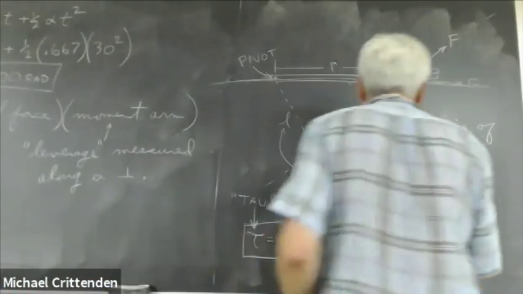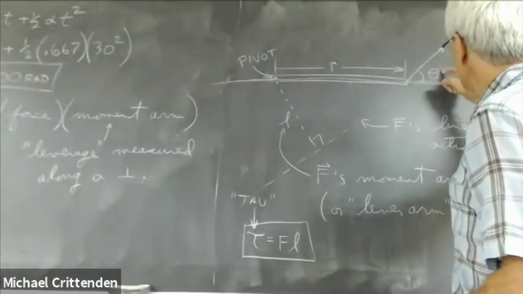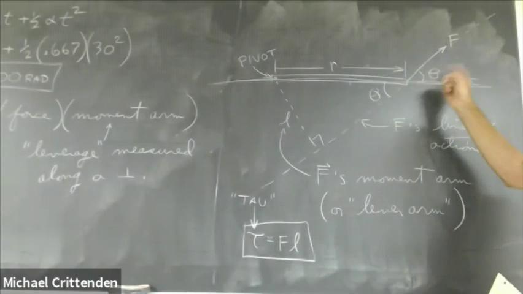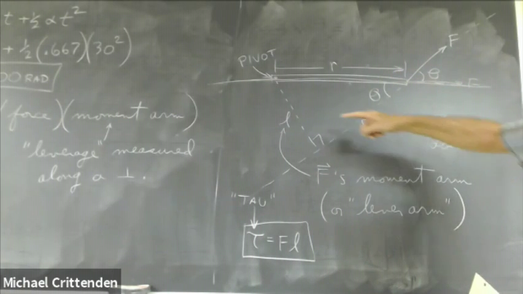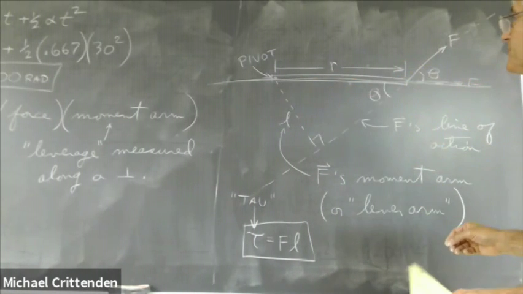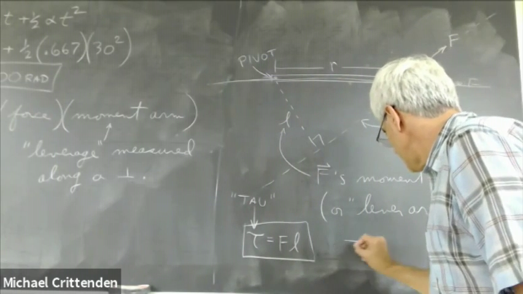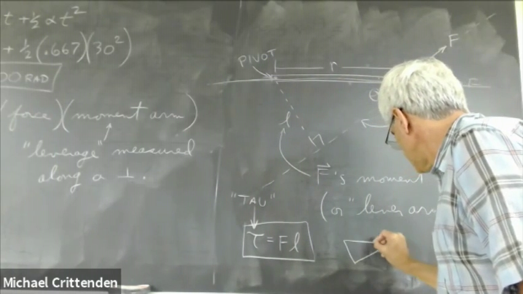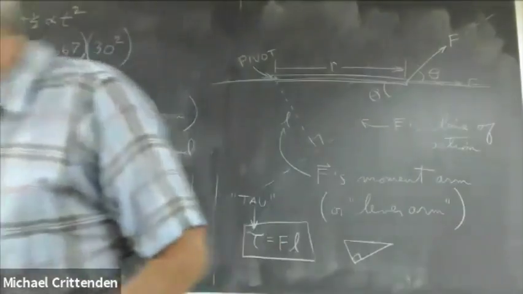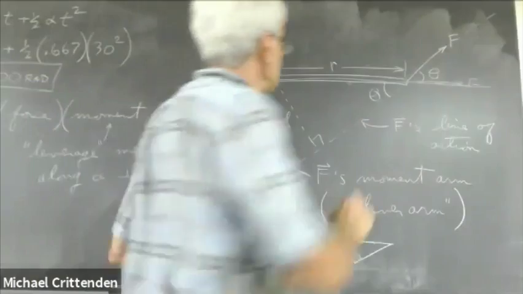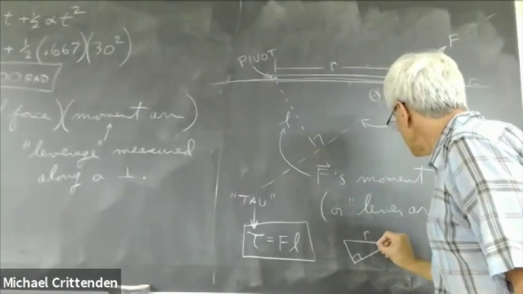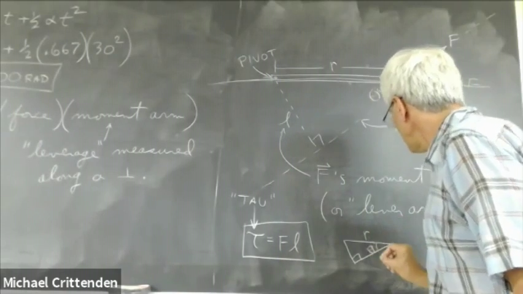So if this is theta over here, that would also be theta over there. They're vertical angles. So we've got this nice little right triangle. I'll make it again in miniature down here just to be sure, draw it without all the clutter around it. And on the hypotenuse, we've got R. Over here, we've got theta.